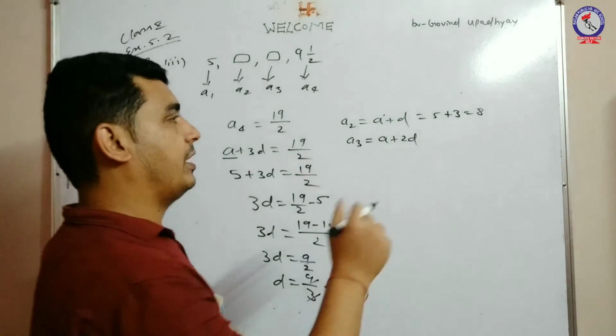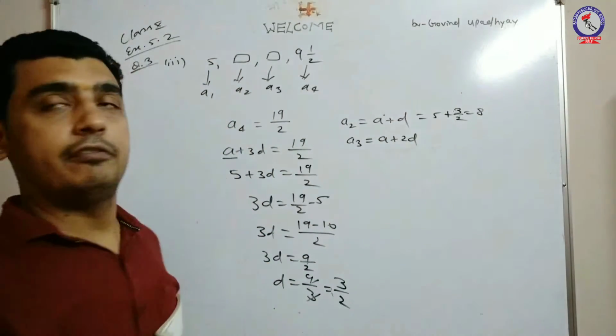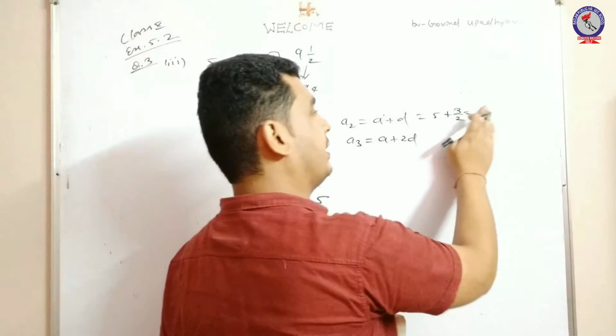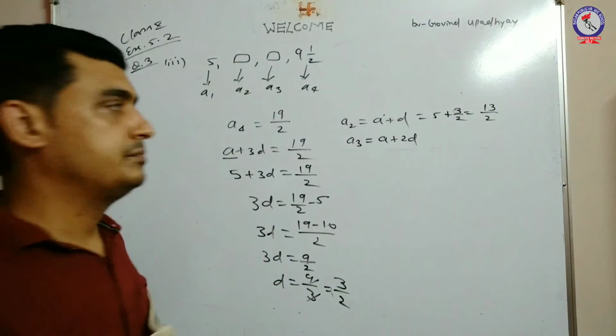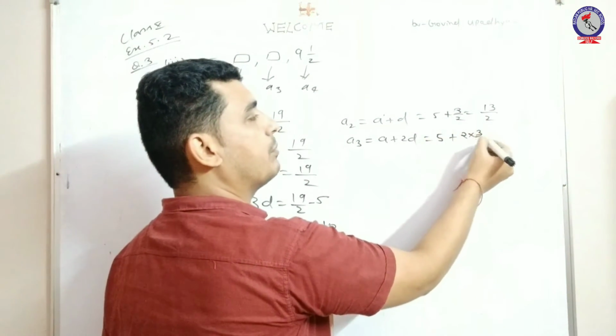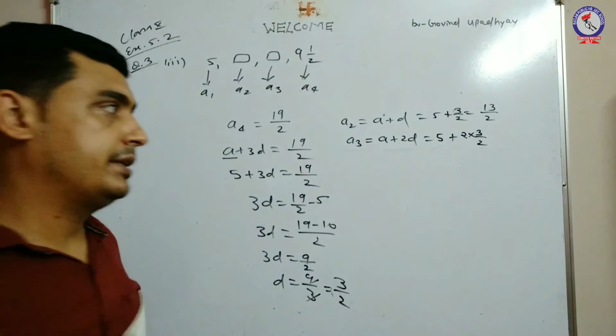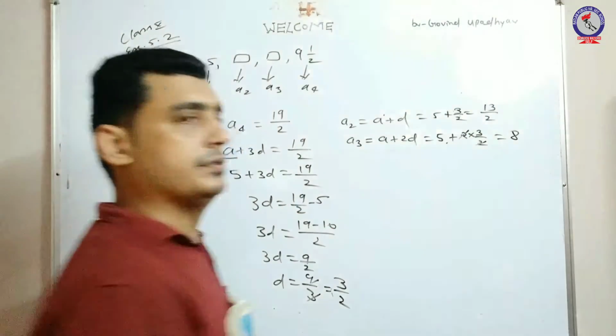And 5 plus 3 by 2, that is 10 plus 3, 13 upon 2. And 5 plus 2 into 3 upon 2, that is 5 plus 3, 8.